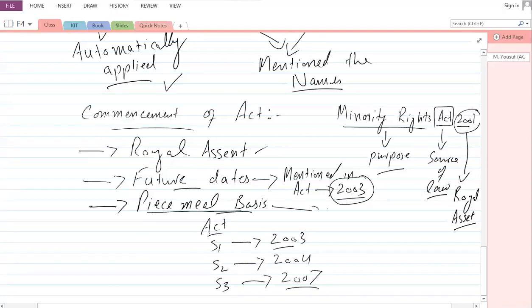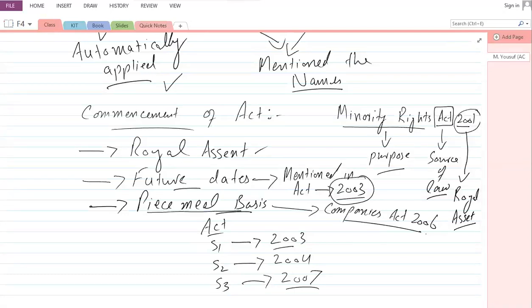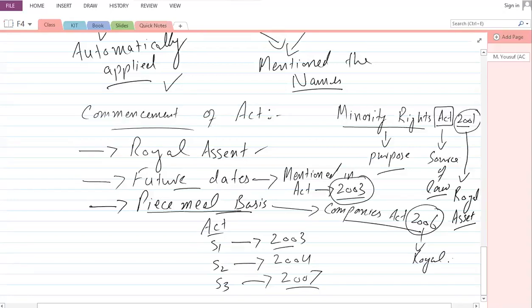The most common example is the Companies Act 2006. So the Companies Act was enforced on a piecemeal basis. You can see the royal assent was provided in 2006. It is an act, a source of law.